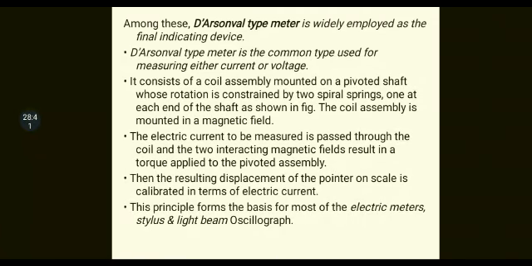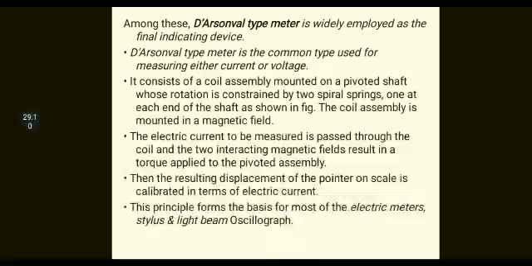The electric current to be measured is passed through this coil assembly, and these two interacting magnetic fields result in torque. The torque is developed because of this magnetic field and the input signal to the coil.